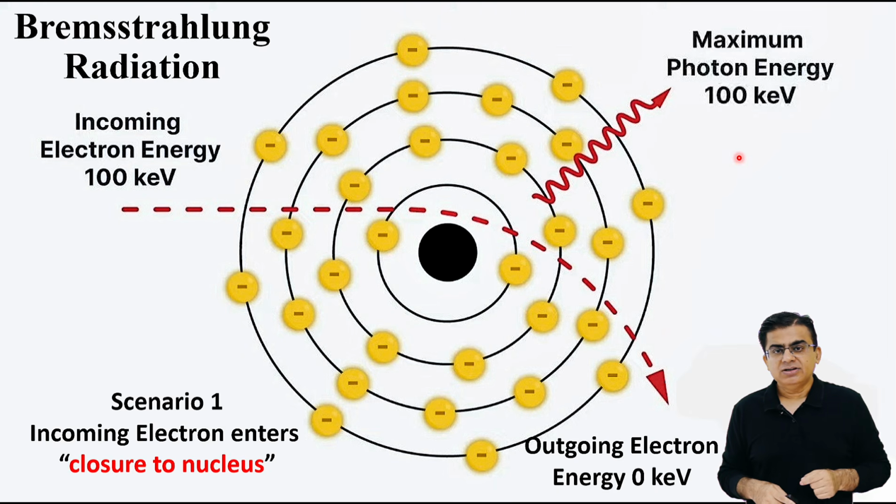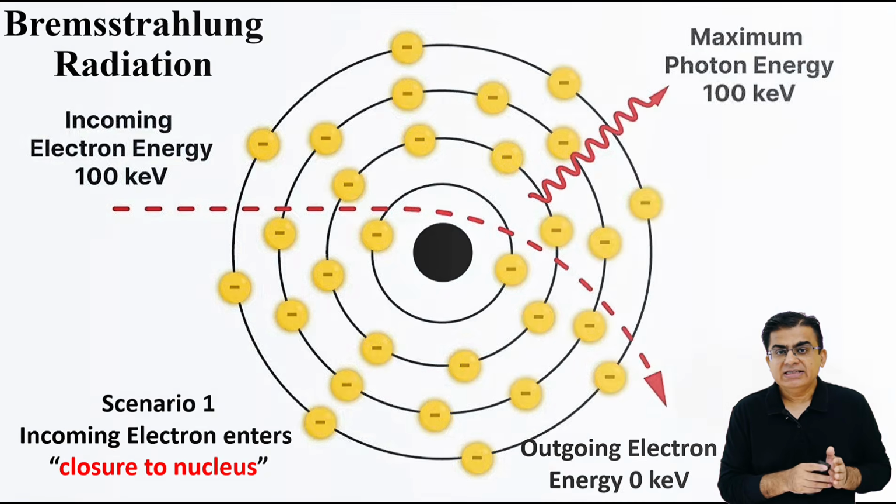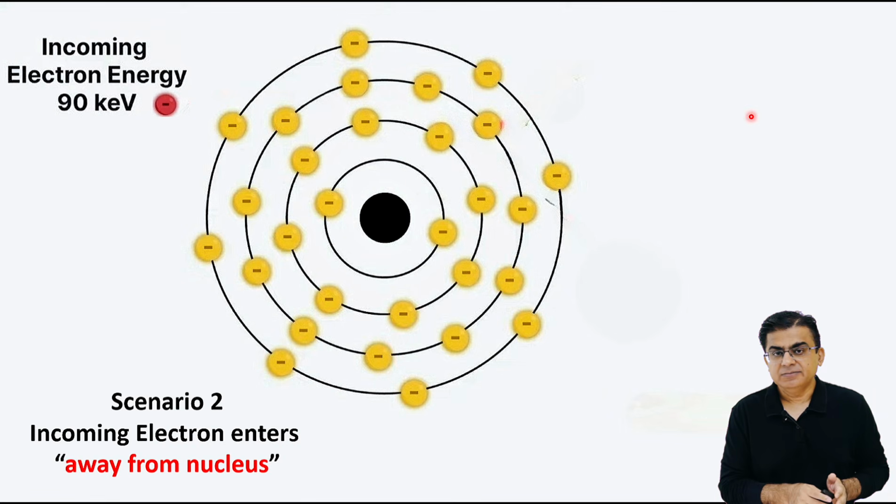Because the incoming electron lost its entire 100 keV of kinetic energy, the resulting photon is born with exactly 100 keV. This represents the absolute maximum photon energy that your X-ray tube can possibly produce at this specific kilovoltage setting.